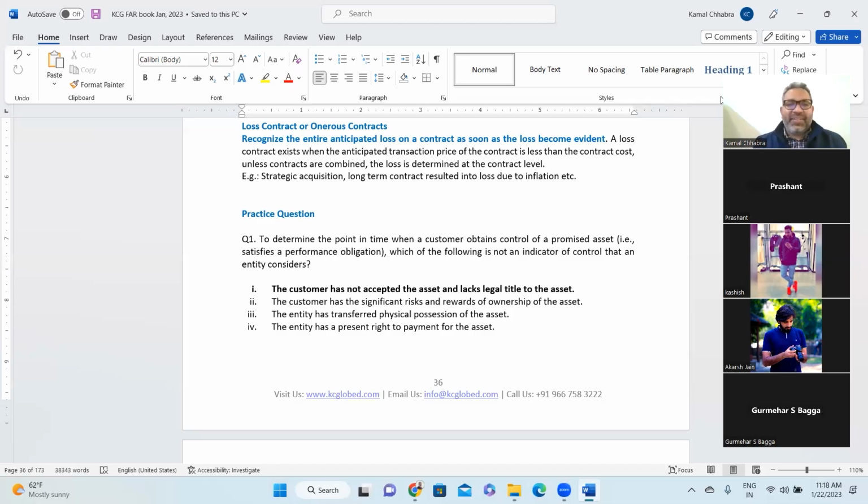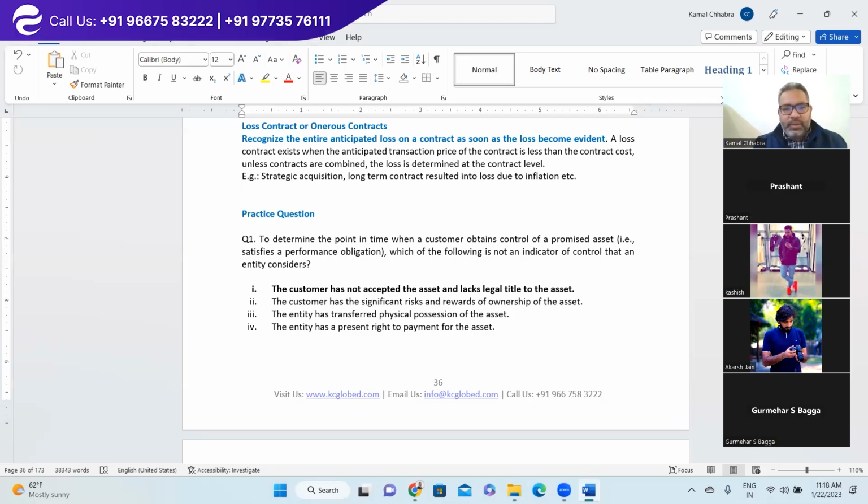Cool. Okay. So let's do a practice question. To determine the point in time when a customer obtains control of promised assets, that is, satisfies the performance obligation, which of the following is not an indicator of control that an entity considers? First, the customer has not accepted the asset and lacks legal title to the asset.